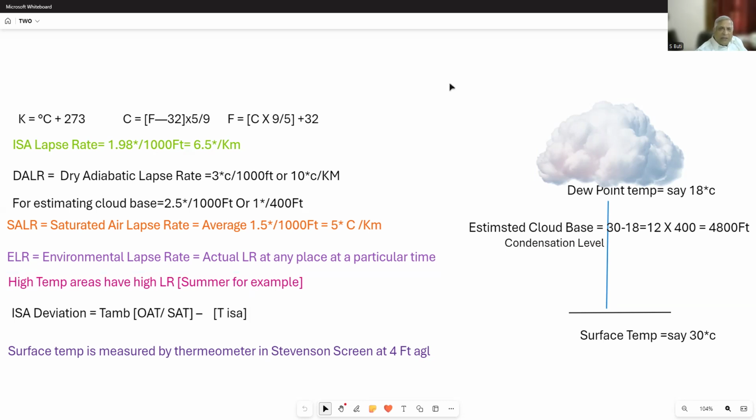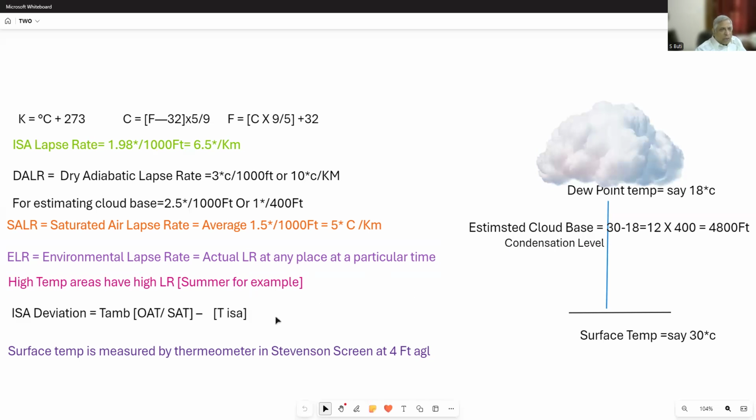In between, there may also be isothermal or inversion layers, and that lapse rate is called the environmental lapse rate. Now, just a few points to remember. When the temperatures are high, for example in summer, lapse rate will also be high. During winter, temperatures are low, and the rate of fall of temperature is also low.